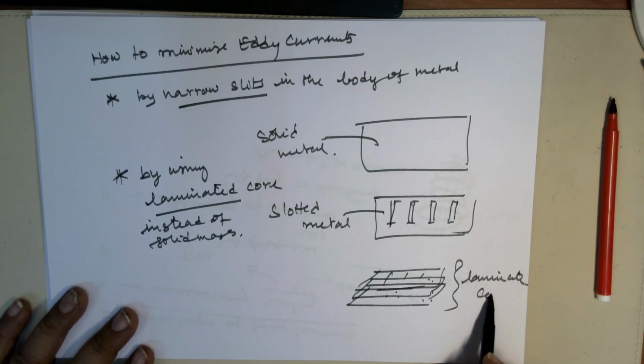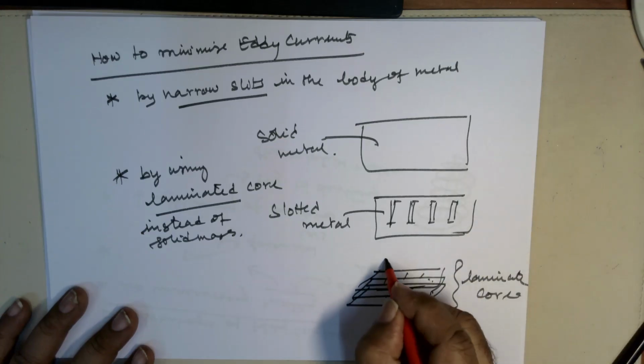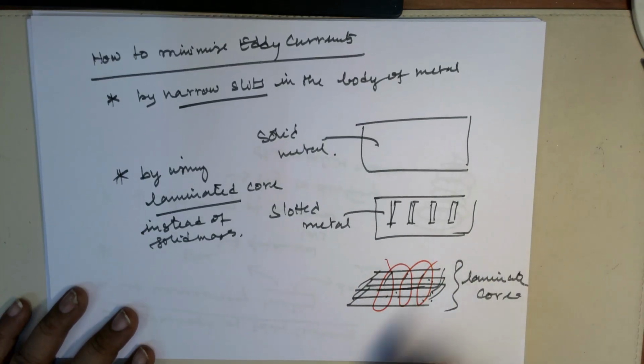So this is called lamination of sheets. So laminated core, around which you can wound the coil. Are you able to follow now? Okay.